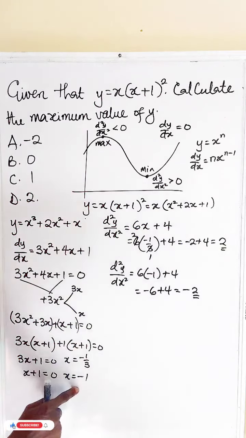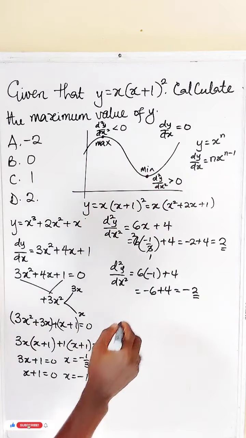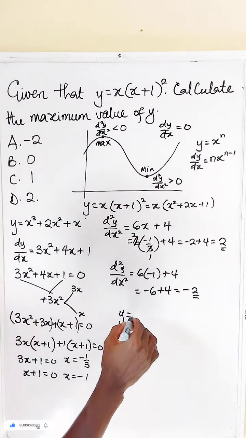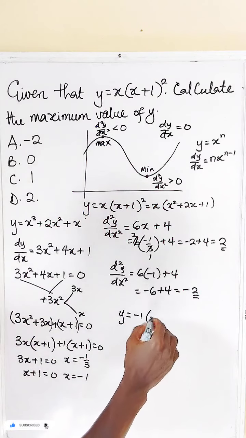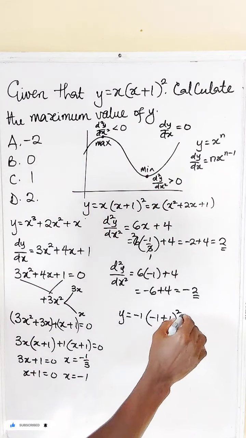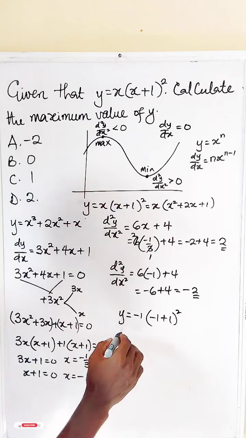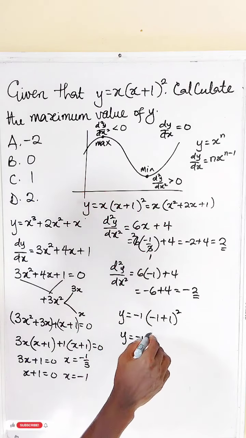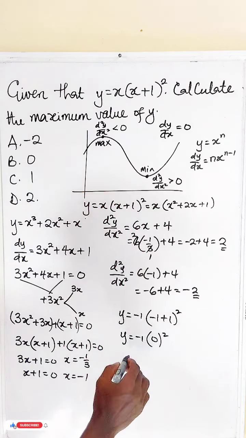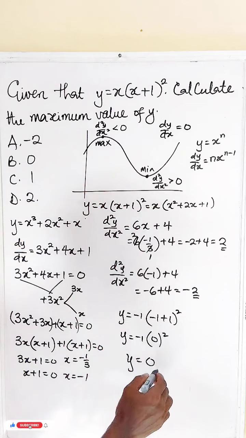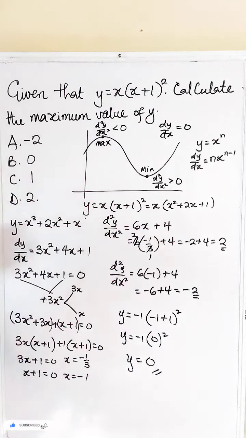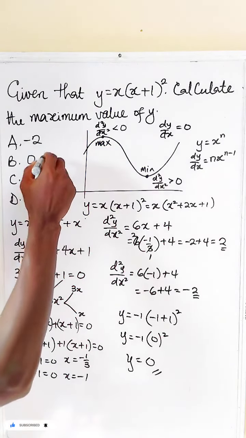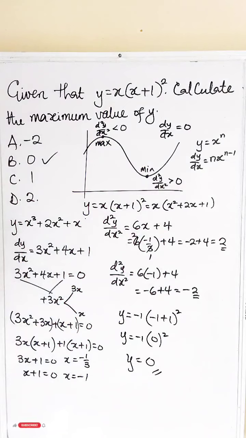We now plug in this value: y equals negative 1 times (negative 1 plus 1)², so y equals negative 1 times 0, which is 0. So the maximum value of y is 0. B is the final answer. Thank you and God bless you.